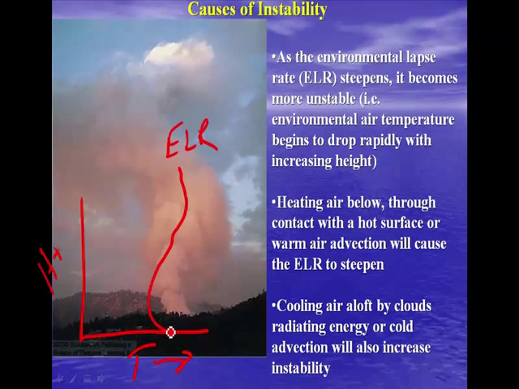So we see temperature decreasing as we go from the surface, and then begin to increase. Well, if we begin to bring cooler air aloft up here, in other words, we change this temperature profile to look something like this, where temperature is decreasing rapidly, then that becomes a very unstable type of situation.